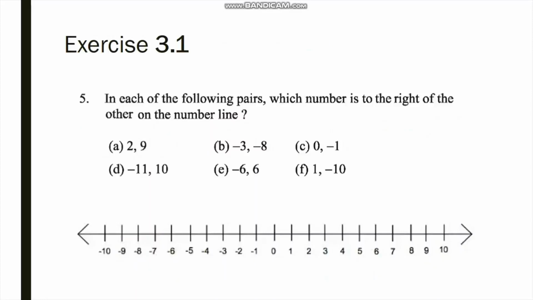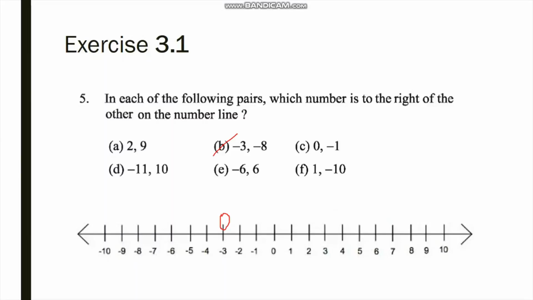Now we shall see some of the maths from the exercise 3.1. Question number 5. In each of the following pairs, which number is to the right of the other number on the number line? We can see here that we have 2 and 9 in question number A. We will mark 2 and 9 on the number line and see that 9 is on the right side of 2 because it is larger.